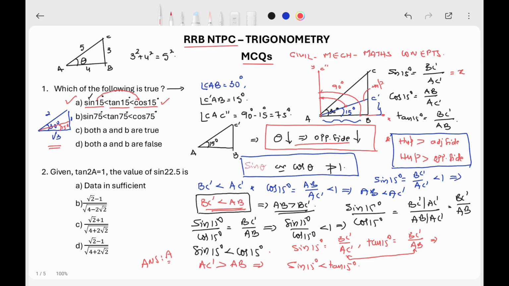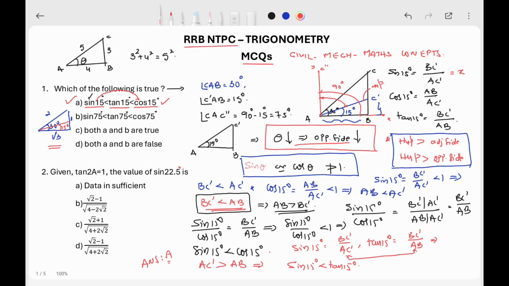Now, another logical question. Tan 2a is equal to 1. Second question. Tan 2a is given as 1. The value of sin 22.5 is what? First you feel that tan 2a is given, and now nobody is asking me about sin a or sin b or cos a, tan a, cot a.